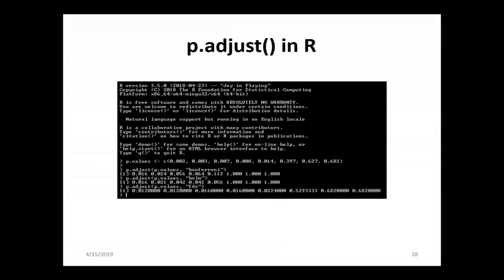So it turns out that while this is a really important thing to do, and it's increasingly important that people do it, it's actually really trivial to do. And so you can think of this as the last step in your analysis, just sticking this stuff into R and getting either the adjusted p-values or the q-values in the case of the FDR.